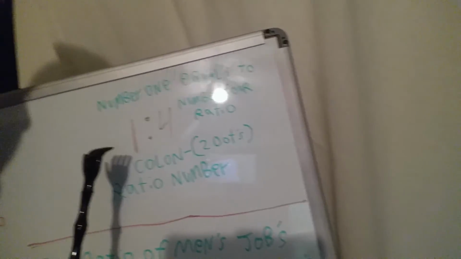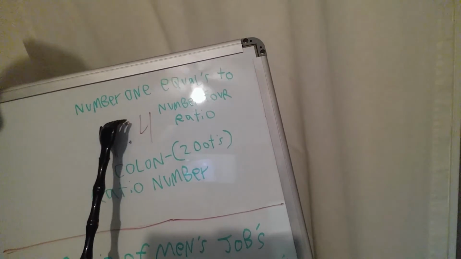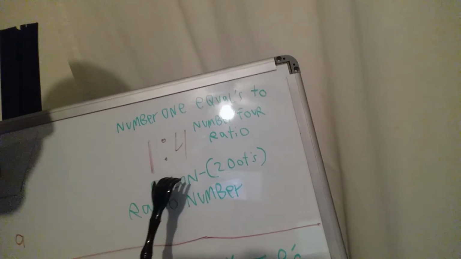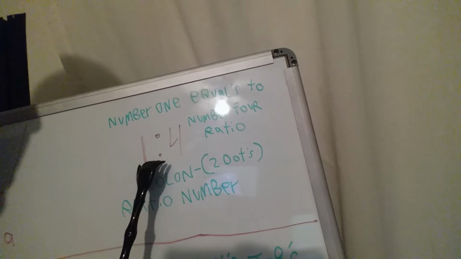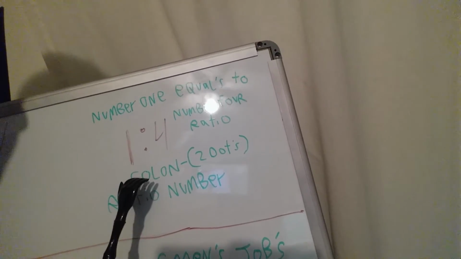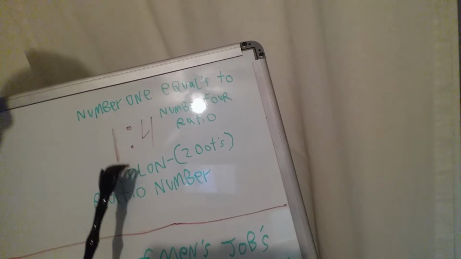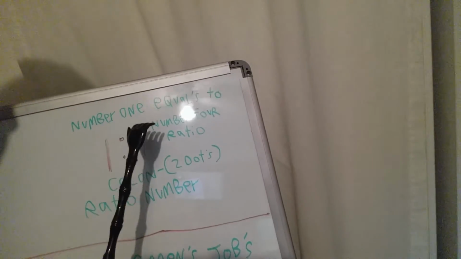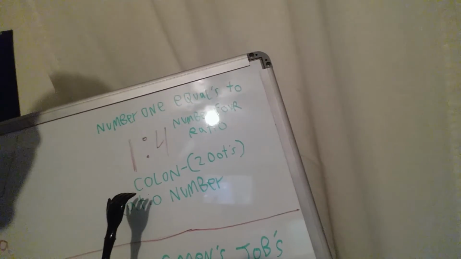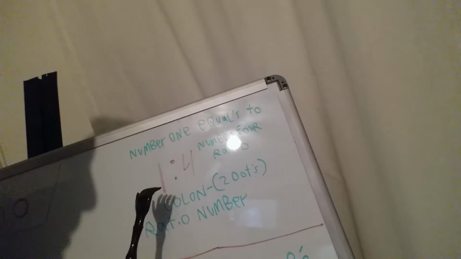The two dots here are called a colon, C-O-L-O-N. Number 1 to number 4. This is the ratio number.